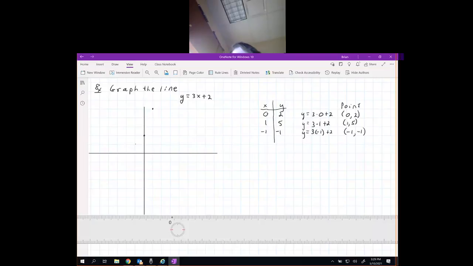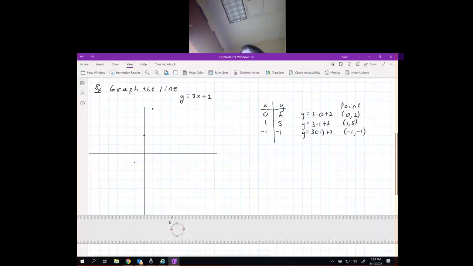So I will start at the origin again. To get to -1, -1, I go to the left one, that's x equals -1, and then down 1, that's y equals -1, and I'll put a dot.